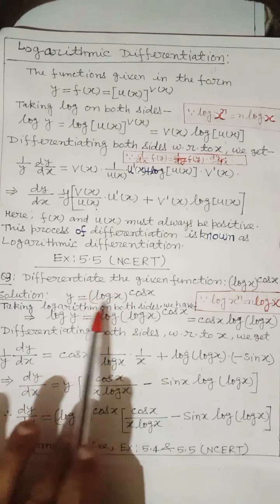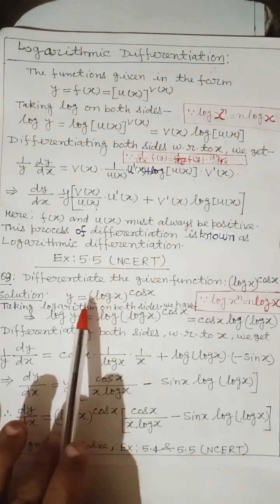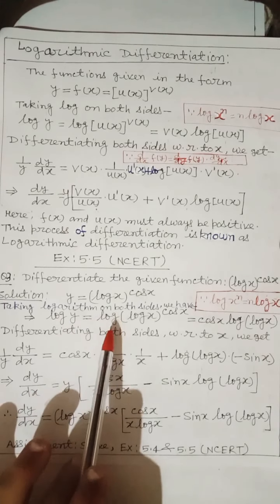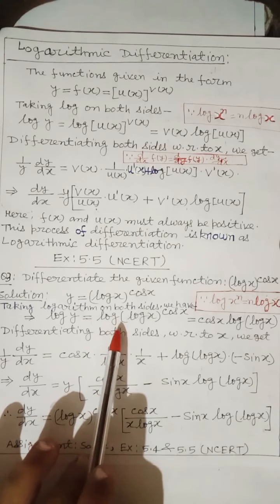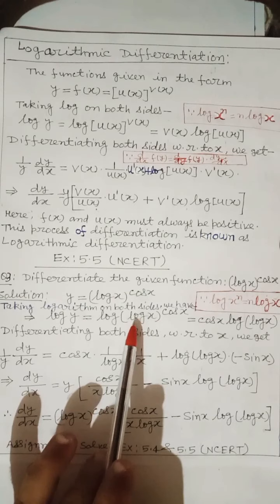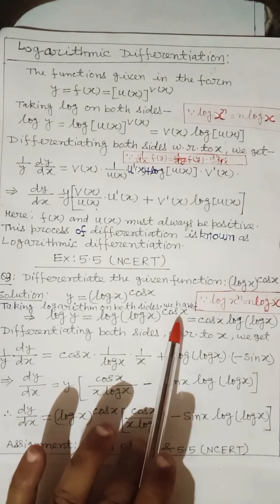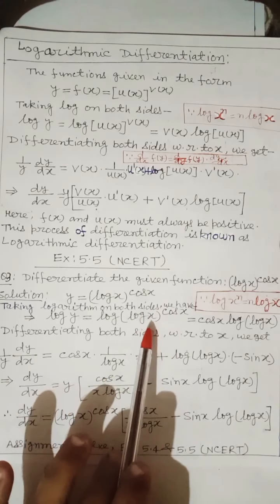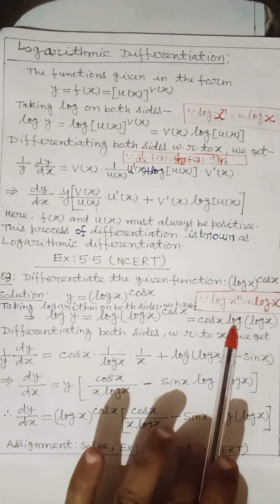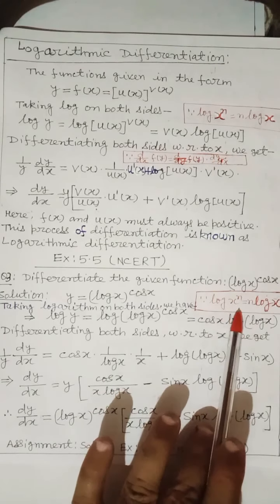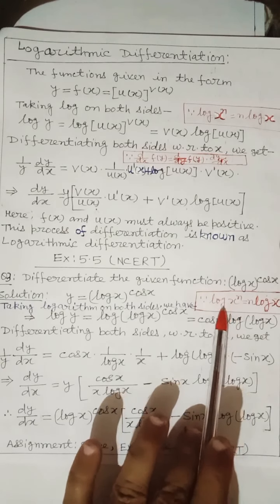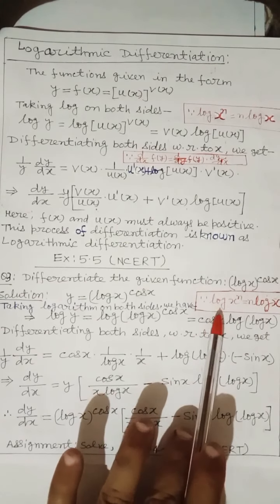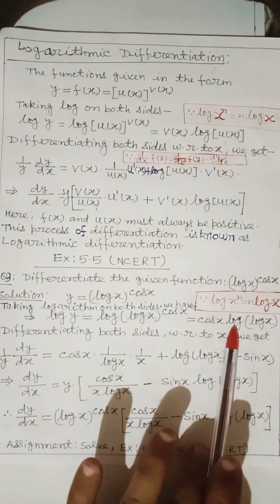Here taking log on both sides, we get log y is equal to log of log x to the power cos x, and this can be written as cos x log of log x, using this law, log x to power n is equal to n log x. According to this law, here we have written this.